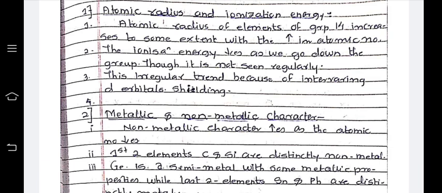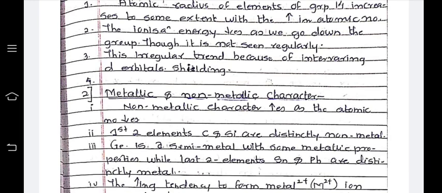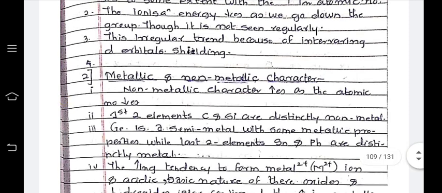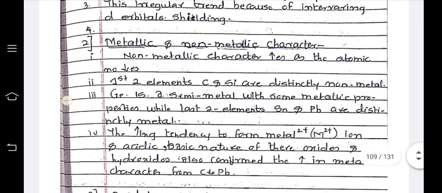The atomic radius of the group 14 elements increases to some extent with the increase in atomic number. The ionization energy decreases as we go down the group, though not regularly. This irregular trend is because of the varying shielding of the orbitals.